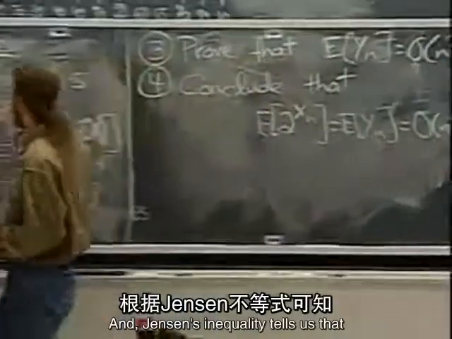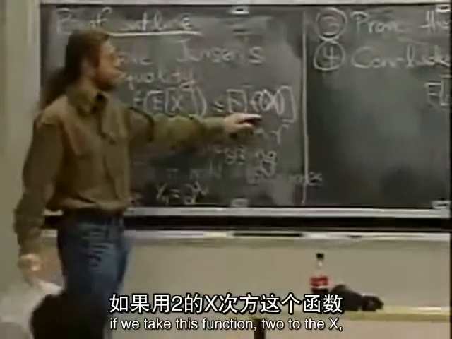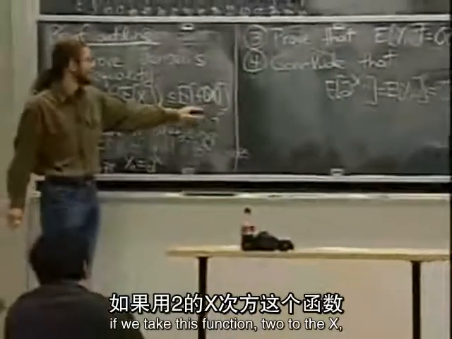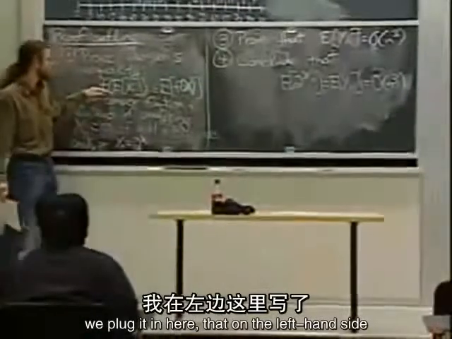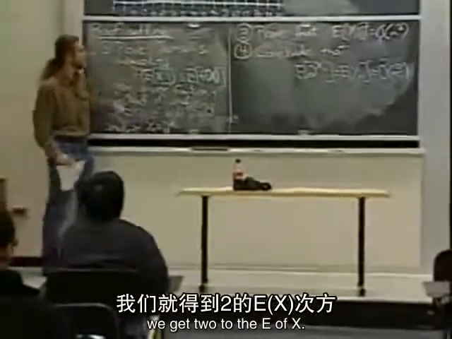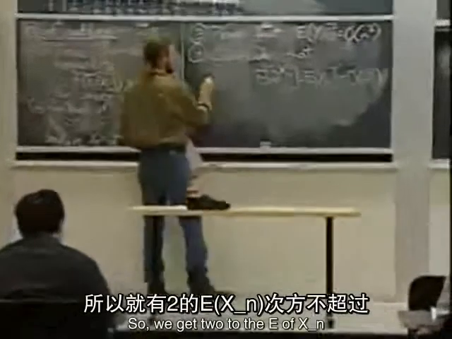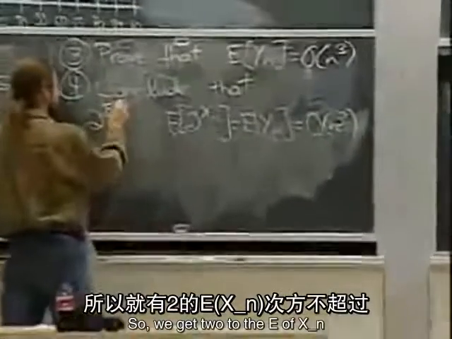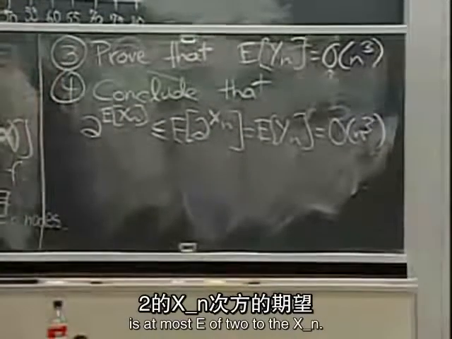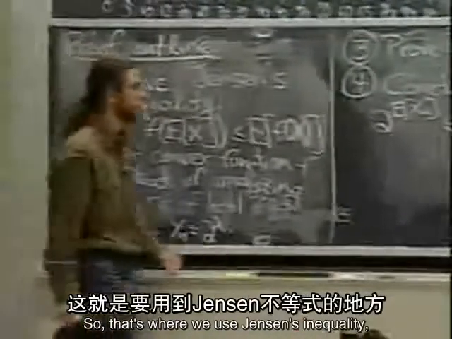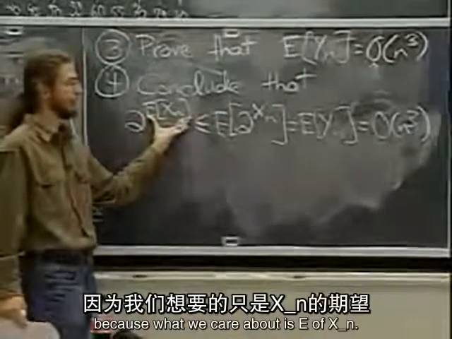And Jensen's inequality tells us if we take this function 2 to the x and plug it in here, then on the left-hand side we get 2 to the E of X. So 2 to the E of X_n is at most E of 2 to the X_n. That's where we use Jensen's inequality, because what we care about is E of X_n.